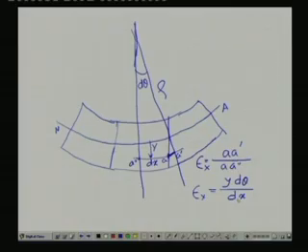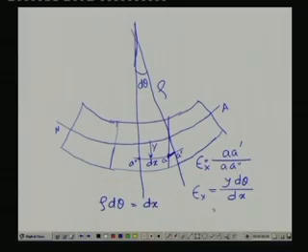Once again, when we consider this length dx, we can see that this rho, whatever distance we are considering, this rho d theta was nothing but dx, because this was the original length. So once again we can consider rho d theta equals dx.